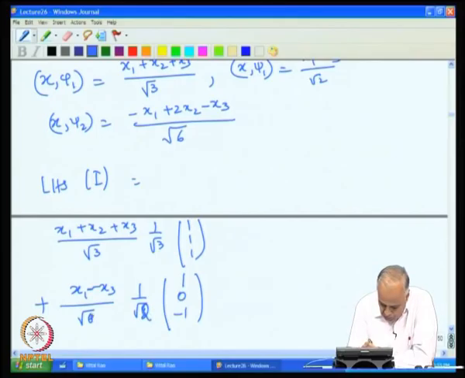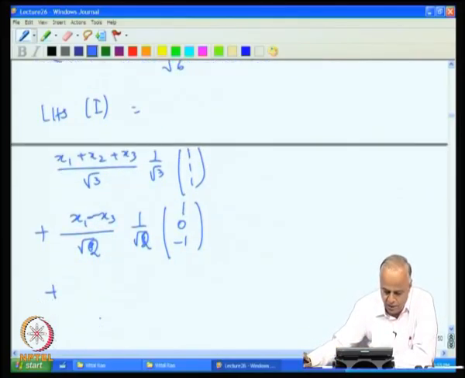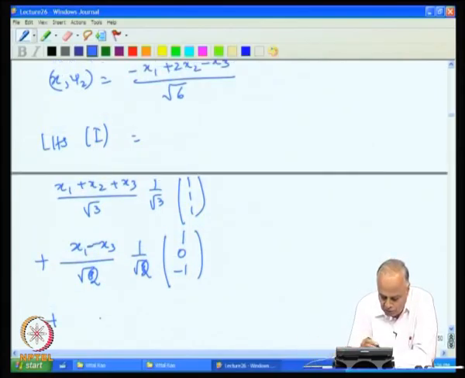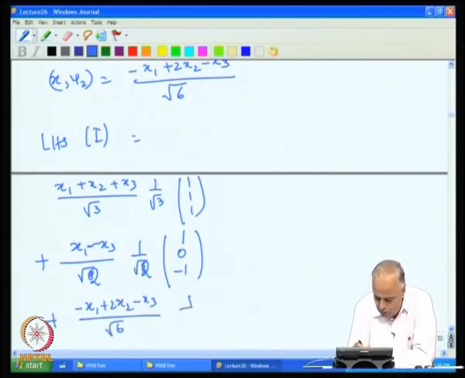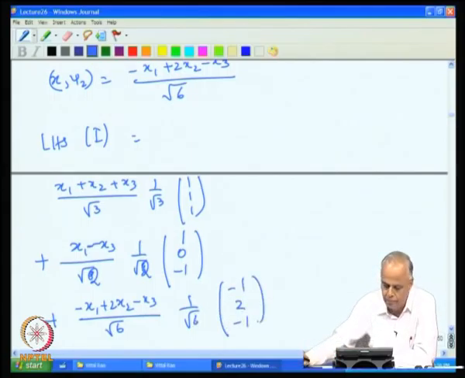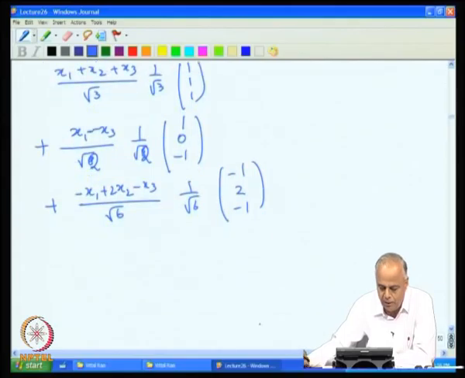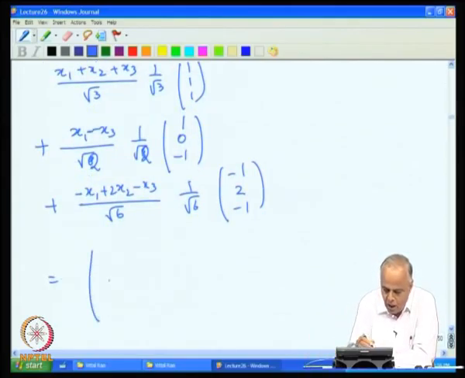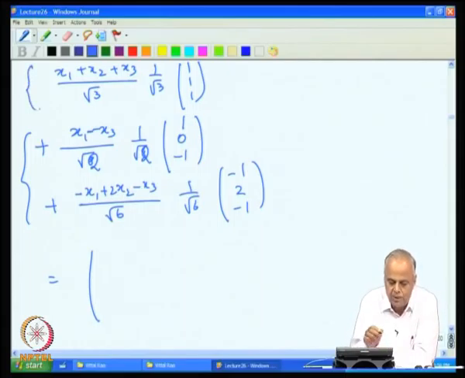Then the last one is x dot psi 2, which is (minus x 1 plus 2 x 2 minus x 3) by root 6, into 1 by root 6 into (minus 1, 2, minus 1).